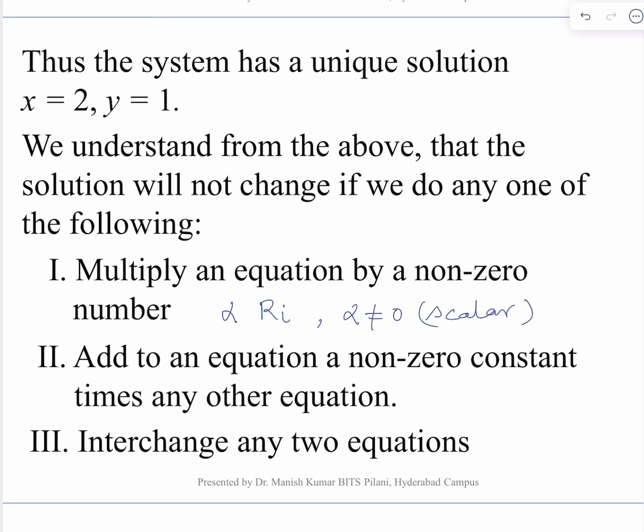The second property: I multiply any non-zero constant alpha to any row i and add it to another row. And the third says interchange any rows. So these three operations are known as elementary row operations.